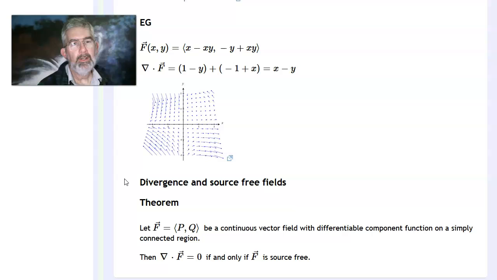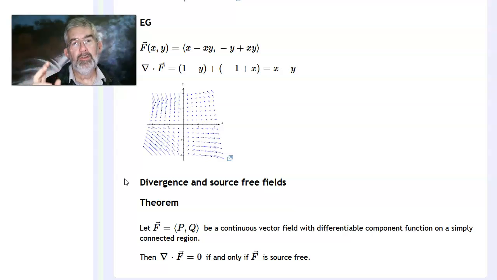Remember, when we were talking about source-free fields, we were talking about the flux integral, and Green's theorem for the flux integral, if you're integrating around a closed loop, it says that it's equal to the double integral of the partial of p with respect to x plus the partial of q with respect to y. That's precisely the divergence. Green's theorem, the flux version, is that the line integral around a closed curve of the flux is equal to the double integral of the divergence.